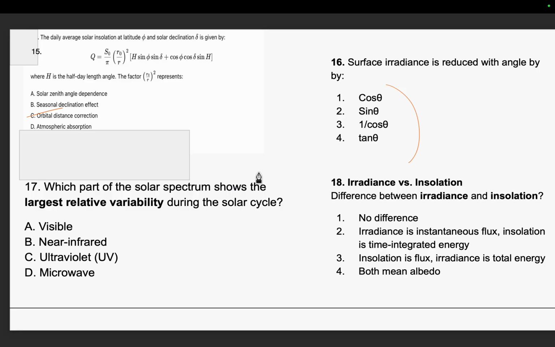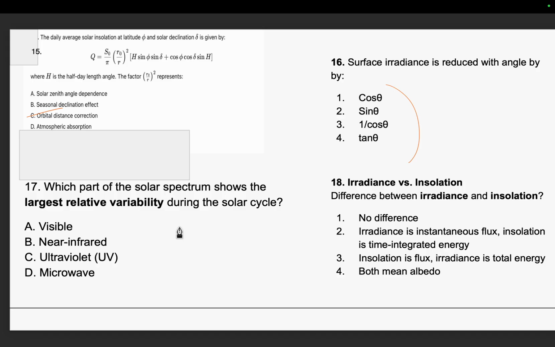The Sun has a black body spectrum which peaks within 500 to 600 nanometer, and this spectrum does change with the solar cycle, that is the 11-year sunspot cycle observed due to the Sun's activity. Now your question is, which part of the solar spectrum shows the largest relative variability due to the solar cycle? Visible spectrum, near infrared spectrum, ultraviolet spectrum and the microwave spectrum.